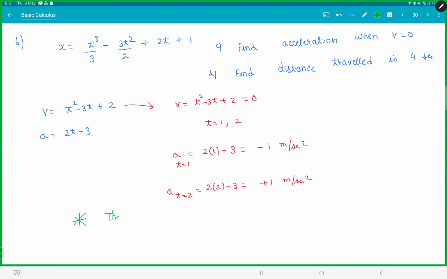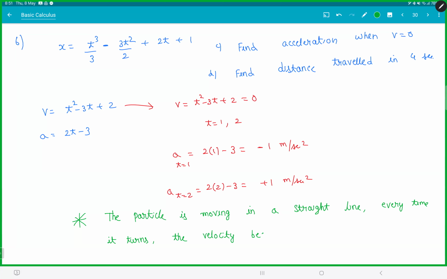The particle is moving in a straight line. So every time it takes a turn backward, the speed becomes 0, or the velocity becomes 0.